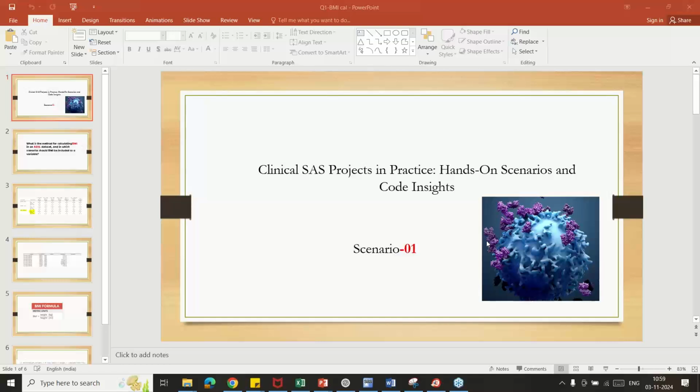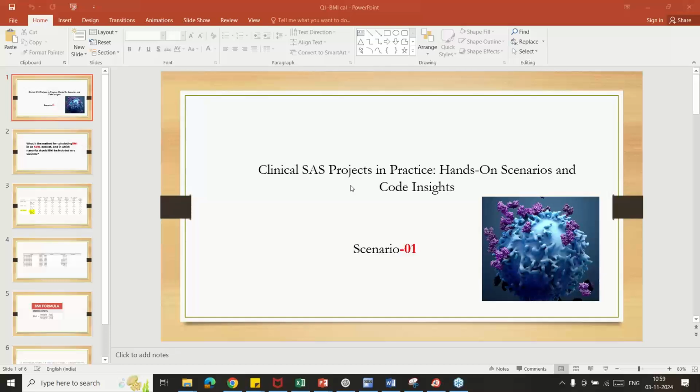They know the base and advanced SAS coding, and they have even worked on tables, listings, figures, ADaM and SDTM, but there are still some scenarios they haven't experienced in their career, and even if they have experienced them, they may have forgotten the derivations and the logic. But when the interview panel members ask these types of questions, they find it difficult to crack them.